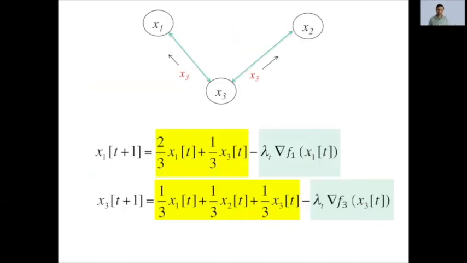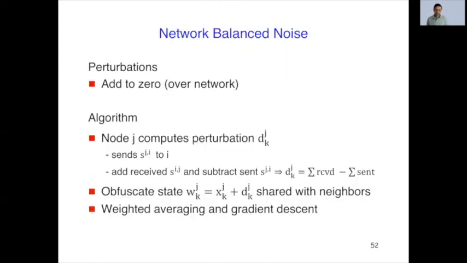We saw this previously. The network balanced noise is quite similar to what we just discussed, with the difference being how the noise is computed. In fact, how the noise is computed is similar to the schemes that we saw earlier for secure aggregation, where each agent talks to its own neighbors and figures out what the noise should be.